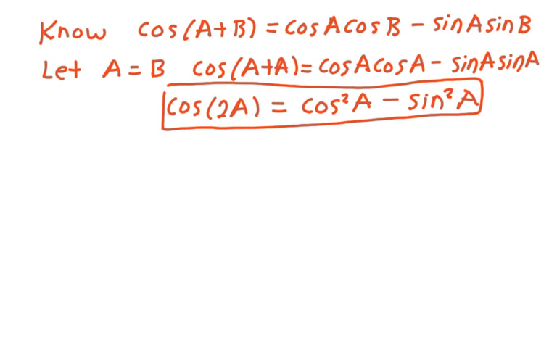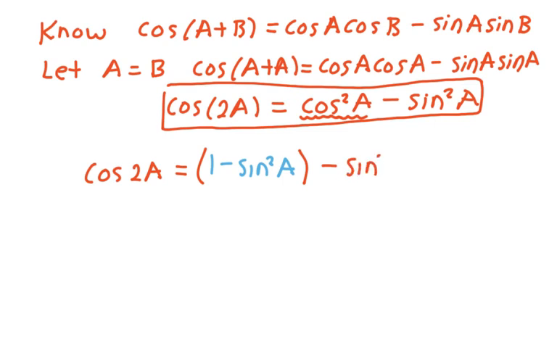Now, we're going to start with cosine of 2a. And what we're going to do is replace cosine squared a with 1 minus sine squared a. So I'm going to write 1 minus sine squared a here. So that's the same thing as cosine squared a. And then I'm going to subtract sine squared a.